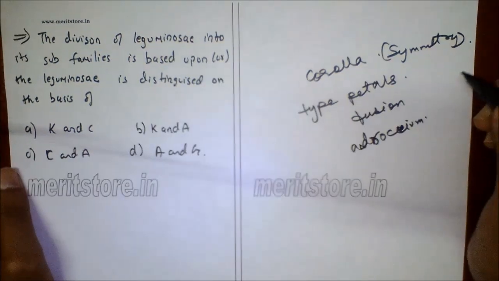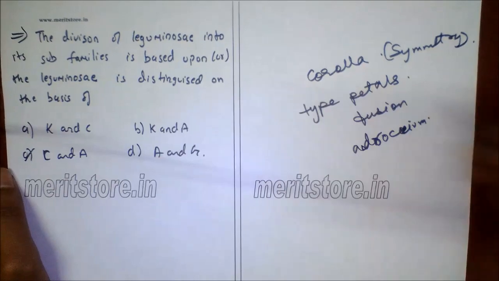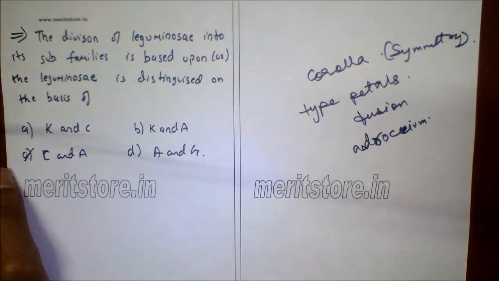This family is divided into 3 subfamilies. So option C, corolla and androecium, is the correct answer.